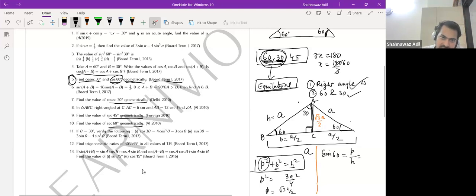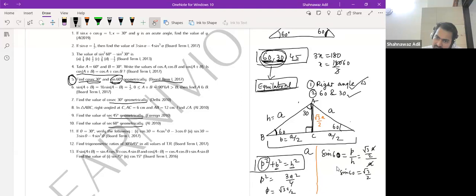We are calculating sine 60, but any trigonometric ratio we can calculate. In the exercise they were asking cosec 30, cos 60, but I'm generally just talking about sine. So sine 60 is p by h. P is root 3a by 2 and h is a. So a cancels and we have root 3 by 2.